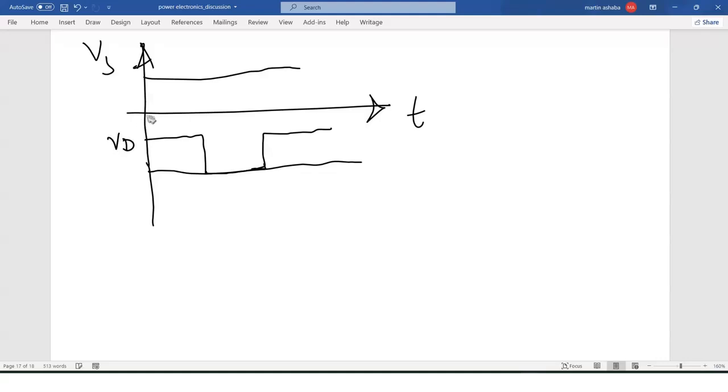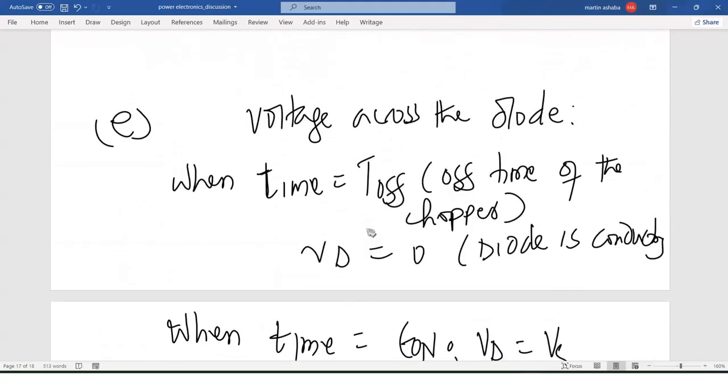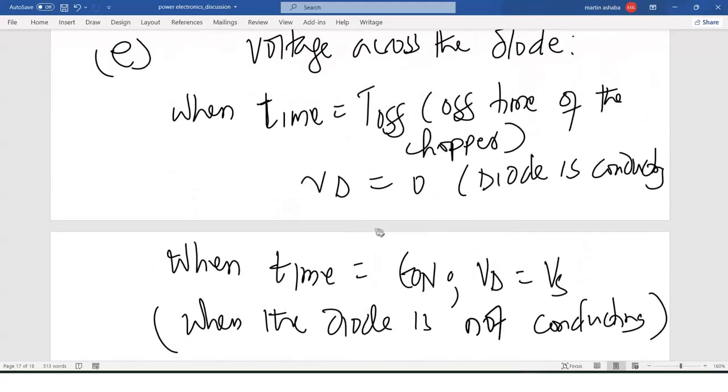So this is Vd, this is time. So here is T, this is Ton, and this is Toff. So that is how we can get the diode circuit and the voltages across the diode.